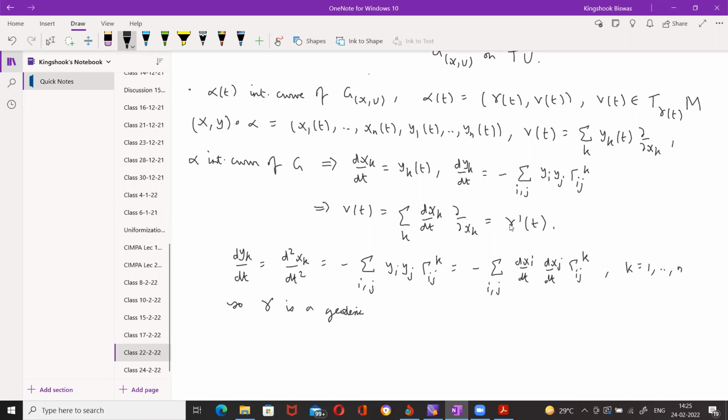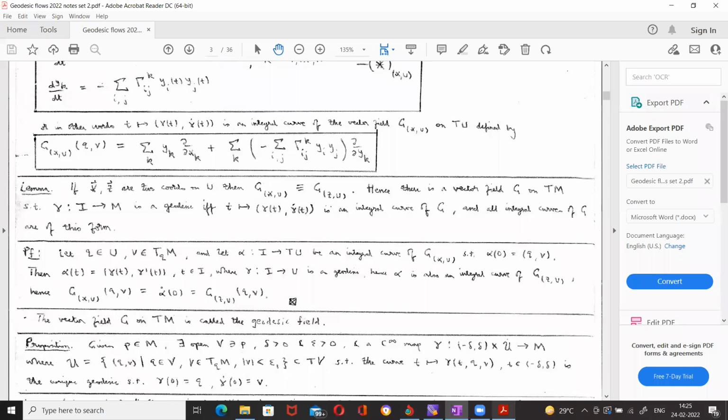Gamma is a geodesic, and alpha t is equal to gamma t, gamma prime t. So does anyone have any questions about this proposition, this lemma? Is it clear now?